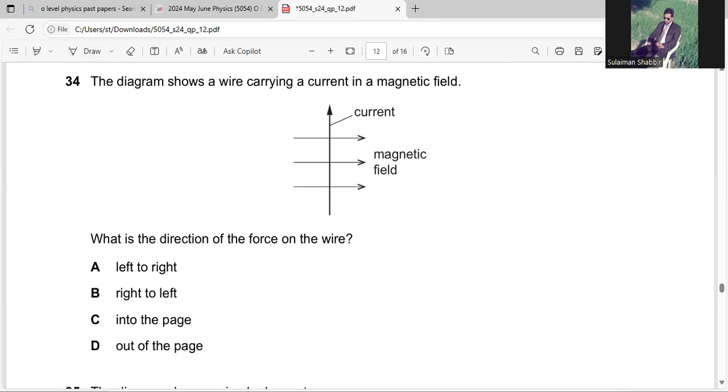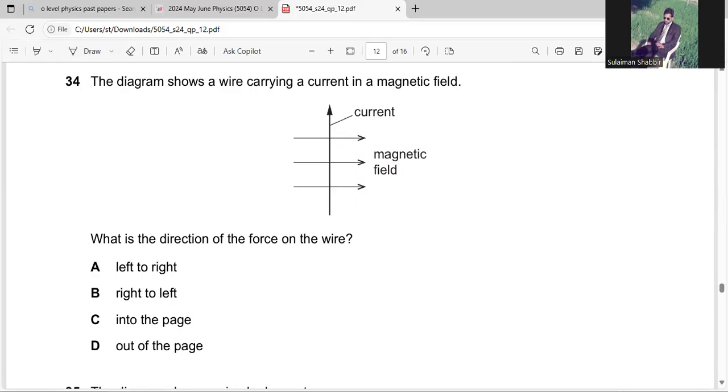Now he is saying the diagram shows a wire carrying a current in a magnetic field. Okay, the magnetic field is in the right direction and current is in upward direction. If I use Fleming's left hand rule, because he is showing only the current carrying wire, it will be just like a motor.